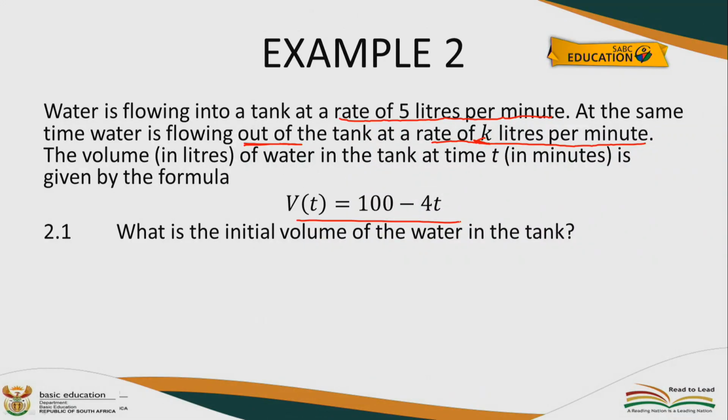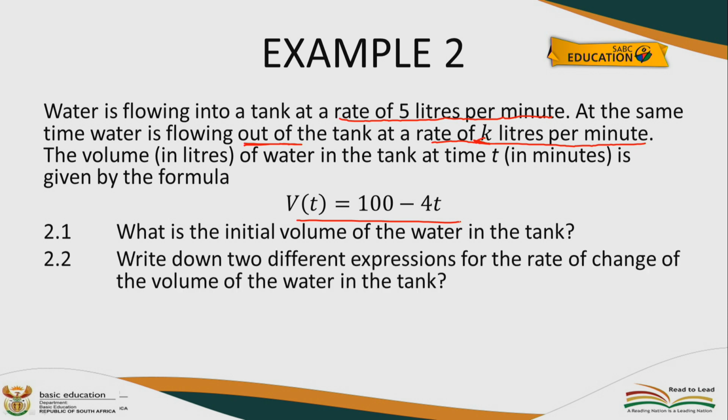The first question, they want us to determine the initial volume of the water in the tank. You must always remember, whenever they speak of initial, that speaks to time. t will be equal to 0 in this case. So we'll look at that later on. And then the second question, they say, write down 2 different expressions for the rate of change of the volume of the water in the tank. So they are referring to rate of change.